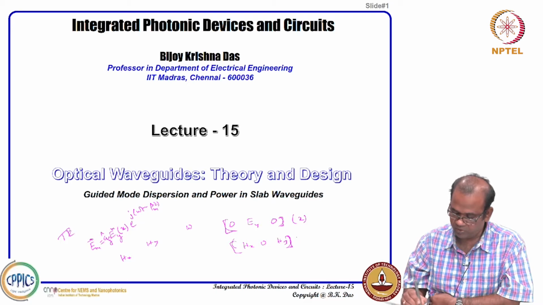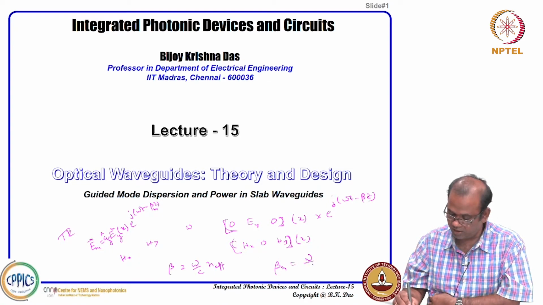Along with that there is a propagating phase, omega t, the time-dependent phase, and the propagation direction beta z, where beta is nothing but omega by c times n effective. If it is a different mode, all these field distributions will be different, and the associated mode propagation constant will also be defined as omega by c n effective m.